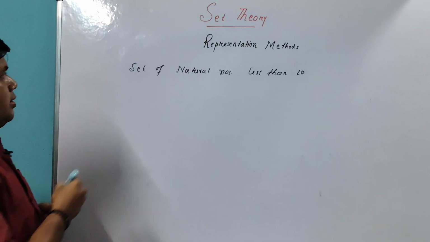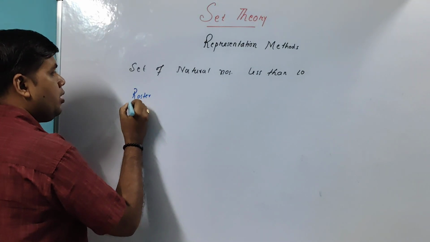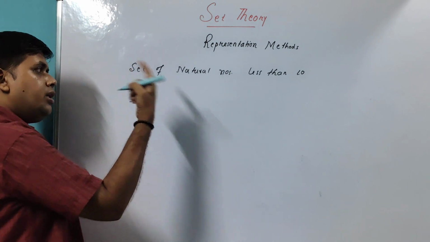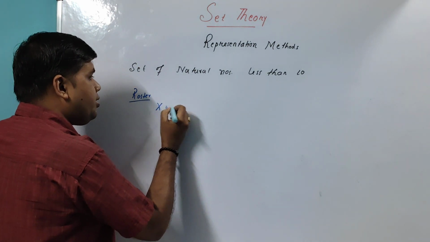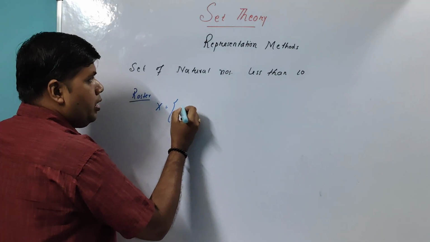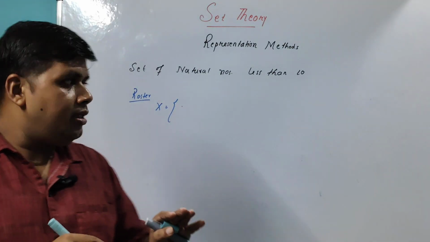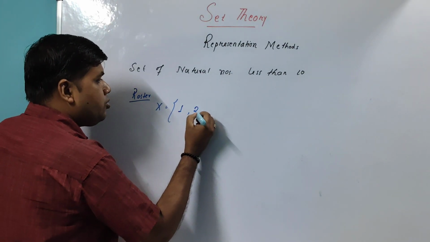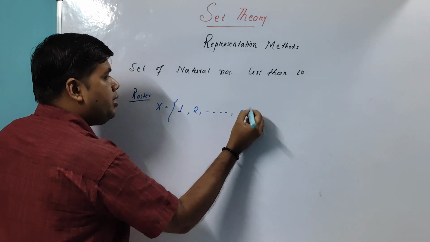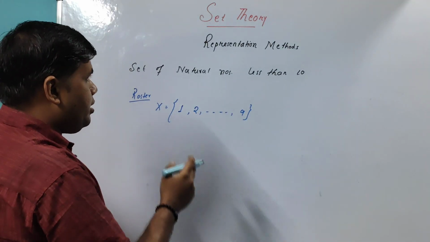If you want to write this using the roster method, say X is the set of natural numbers. Natural number means it will start from 1, and less than 10 means it should go up to 9. So 1, 2, till 9. This is in the form of the roster method.